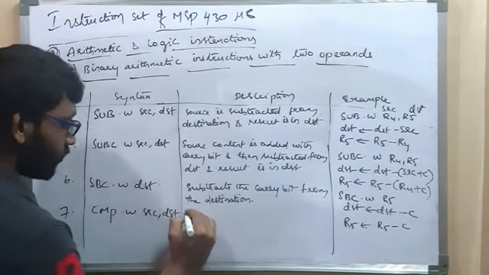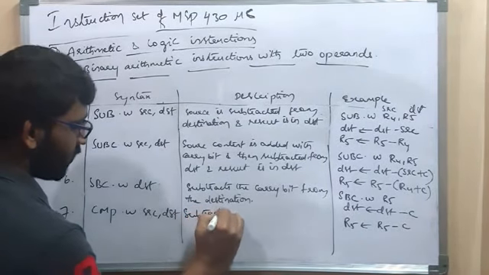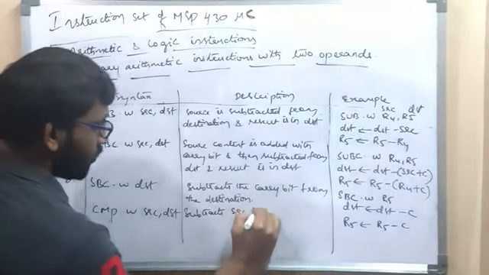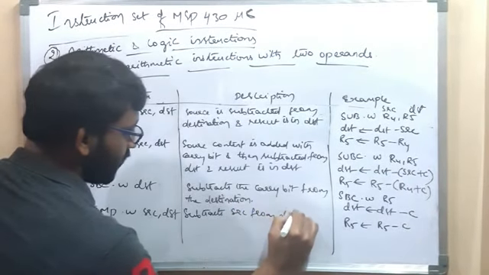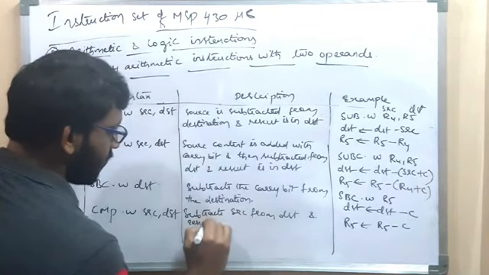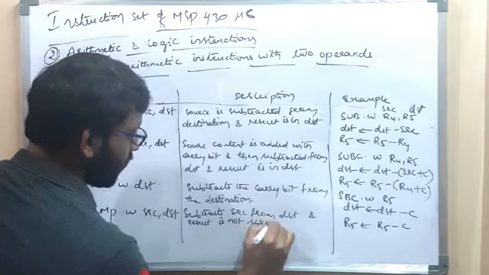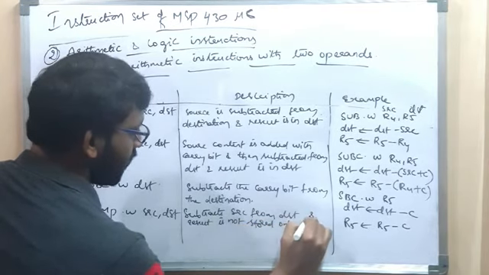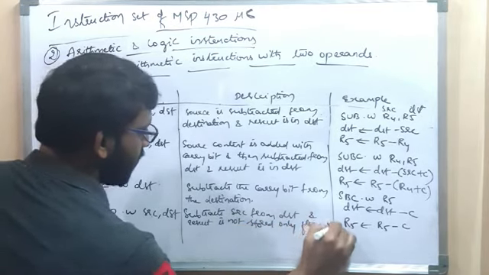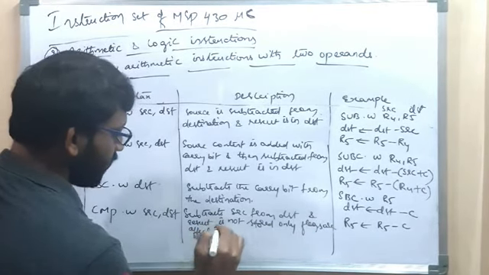So it subtracts source from destination and result is not stored. Only flags are affected.